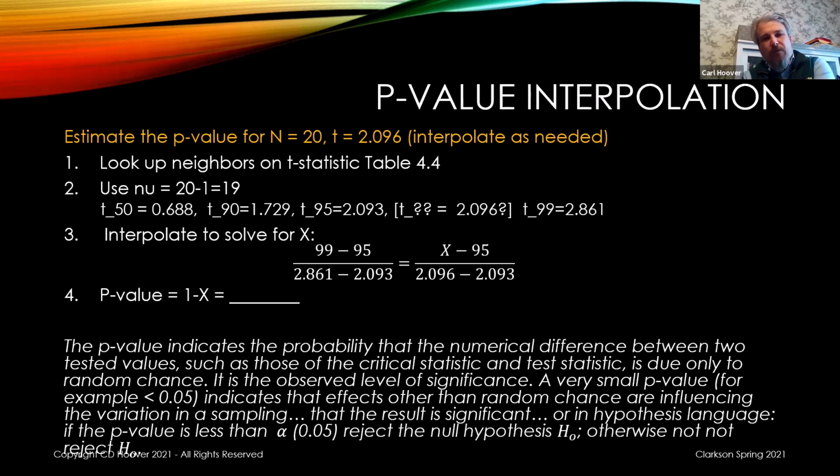So a very small p-value, less than 0.05, indicates that effects other than random are influencing the variation in sampling, and that the result is then significant. In hypothesis language, if the p-value is less than alpha of 0.05, you reject the null hypothesis. Otherwise, you do not reject.